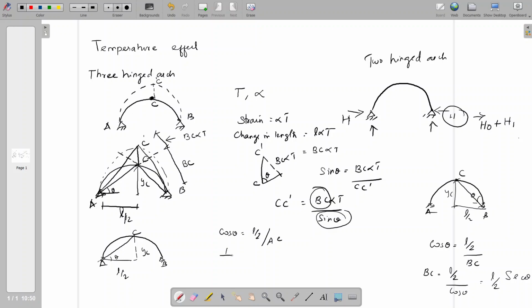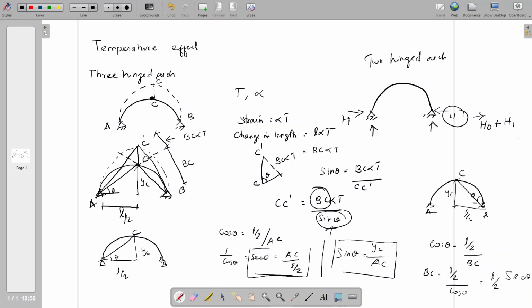So 1 by cos theta equal to secant theta equal to AC by L by 2. This is one part we are going to replace with this term. Another part, sin theta equal to YC by AC. So we are going to replace secant theta in terms of AC and sin theta in terms of AC.